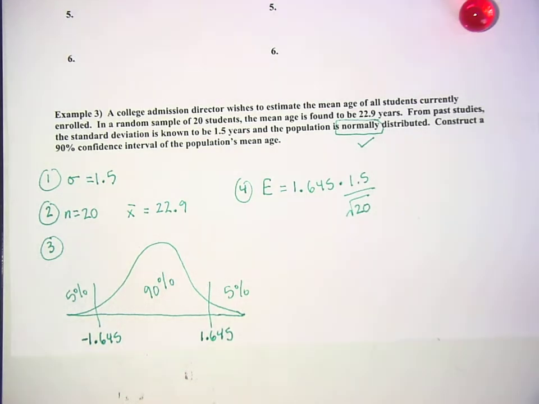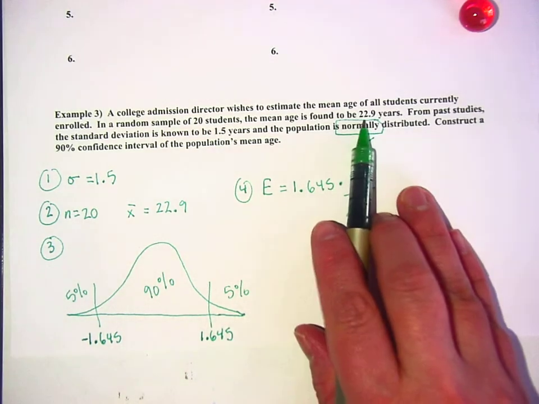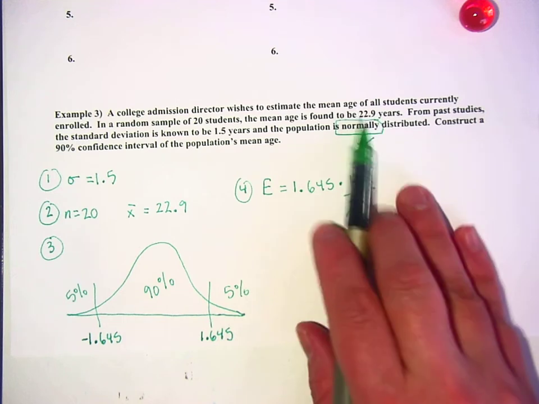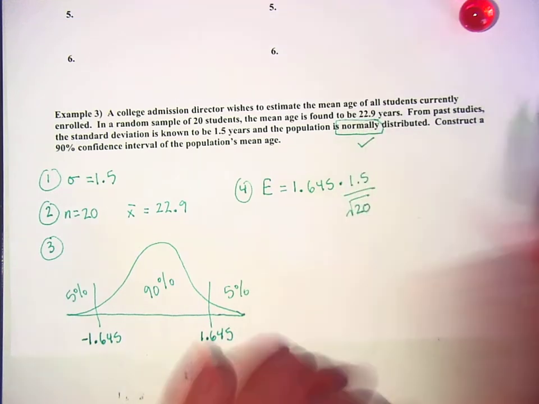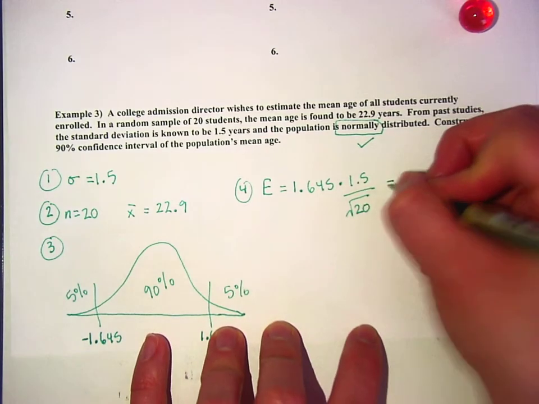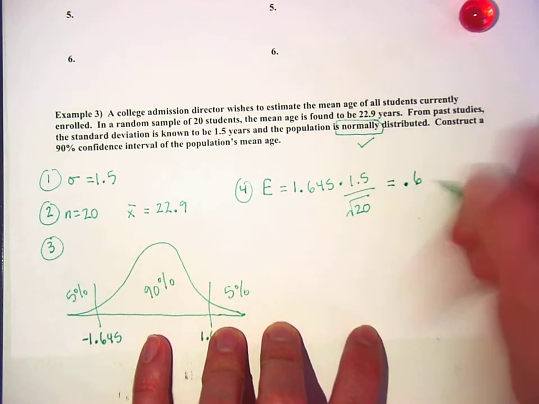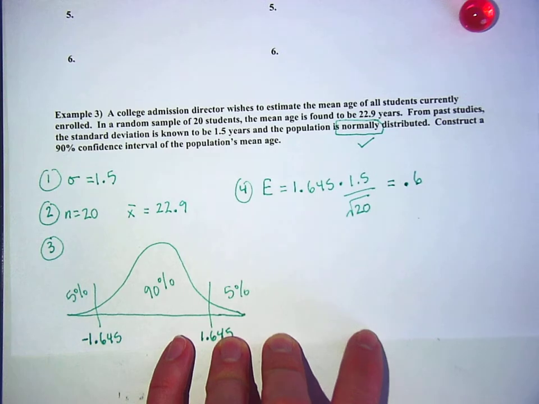Let's go to the nearest tenth. I usually try to match whatever it is here. So if the mean age is 22.9, then I know I'm going to go with tenths when I start getting my error. All right, so I got 0.6. You guys get about the same? Okay.